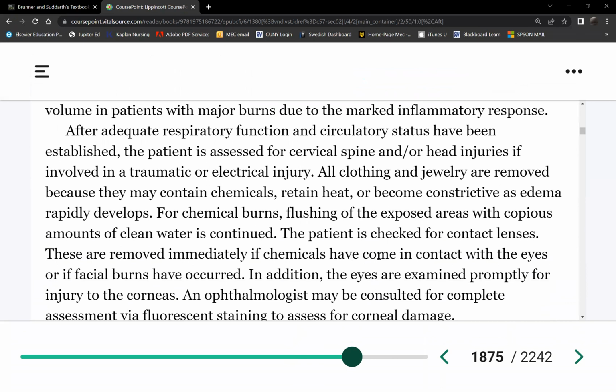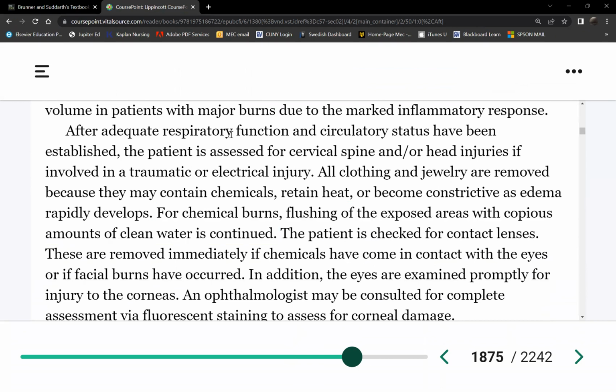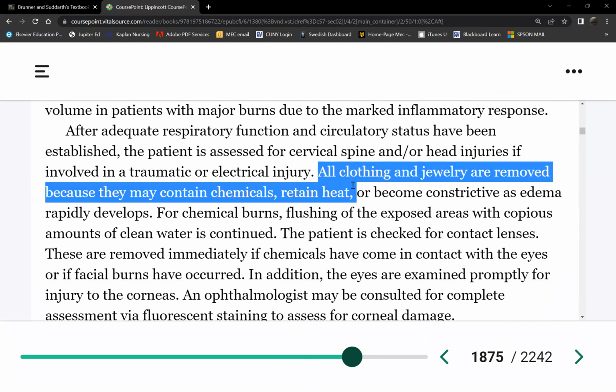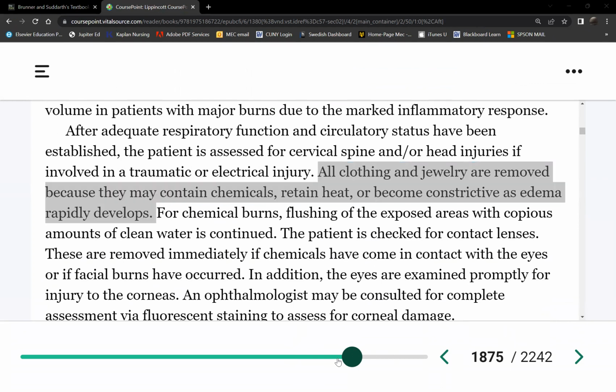And here are the other details also for chemical burns. This should have been mentioned already in chart 57-4. What's the purpose of removing clothing and jewelry? They will become constrictive materials. This will also include the ID bands.